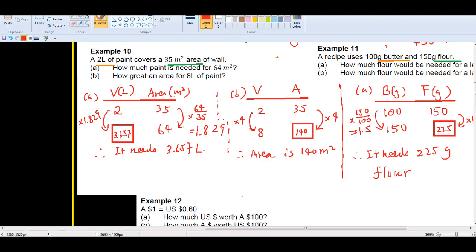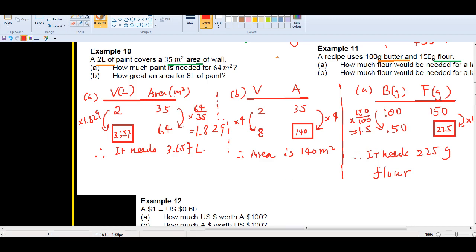The factor is not that nice, it is 1.829, but you still need to use it for the other side. A is quite nasty, but B is much better, because from 2 to 8 times 4, and 35 times 4 is 140, right?